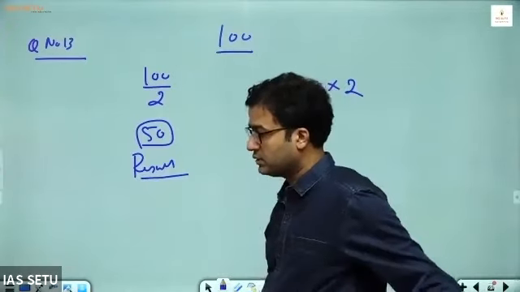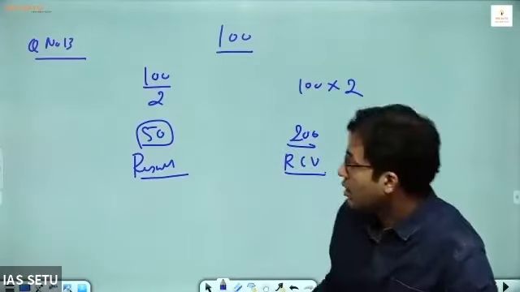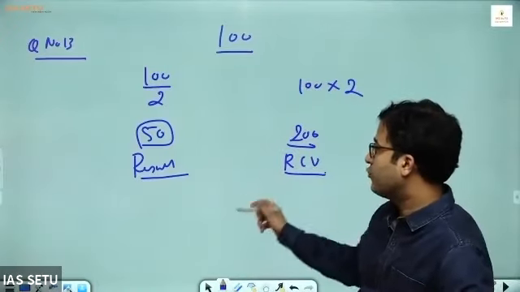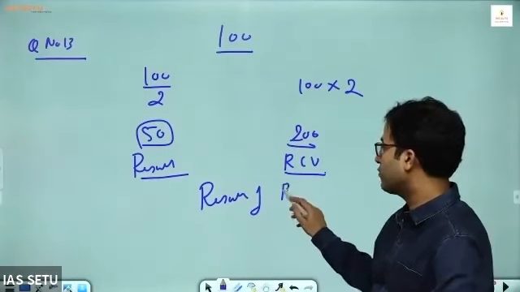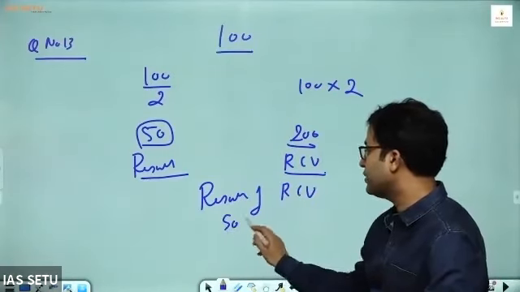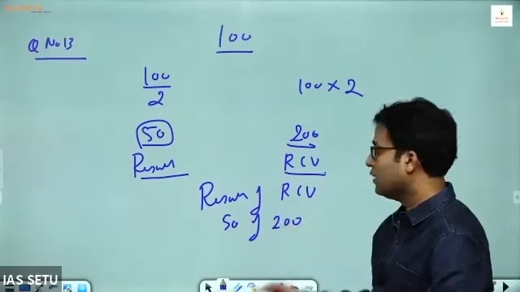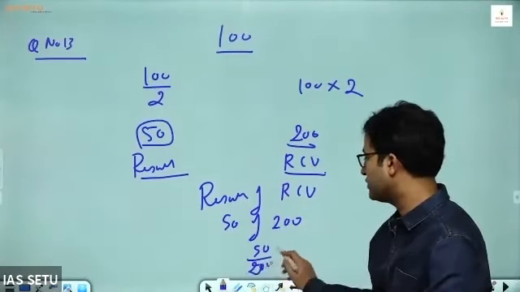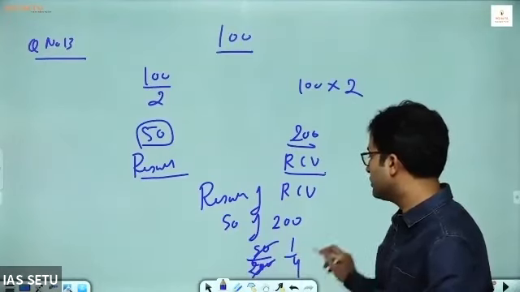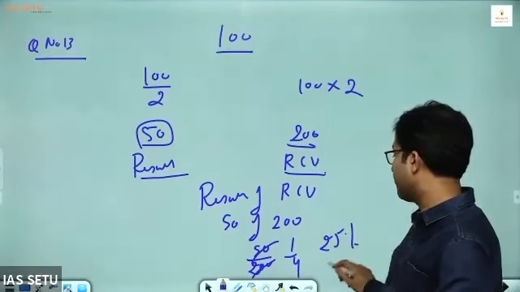So it asks what percentage the result is of the required correct value. 50 out of 200, that is 50 upon 200, which is 1/4, so it is 25%.